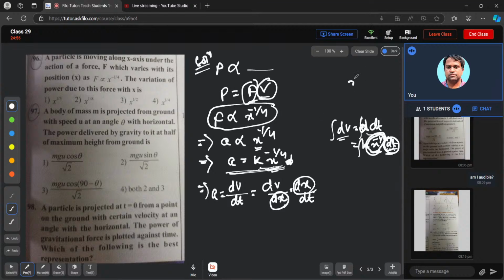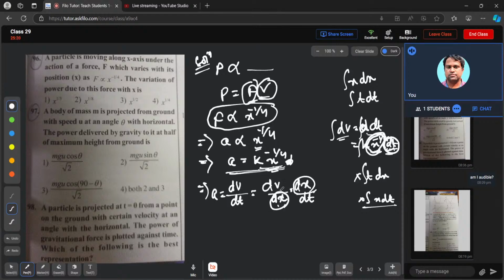I can integrate x dx, or I can integrate t dt, but I cannot integrate t dx, or x dt, right? So I have to convert it. This is the chain rule I have to use.